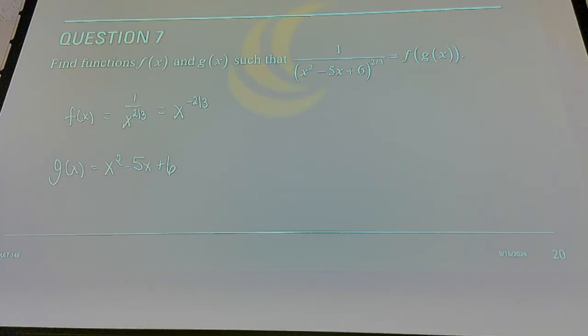Any questions? So calculus one, we're going to start with decomposing? You don't start with it. When you get to the chain rule, that's when you start looking at this stuff. That's when this becomes very important.